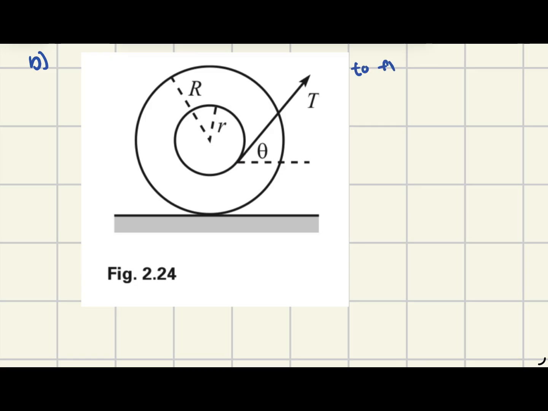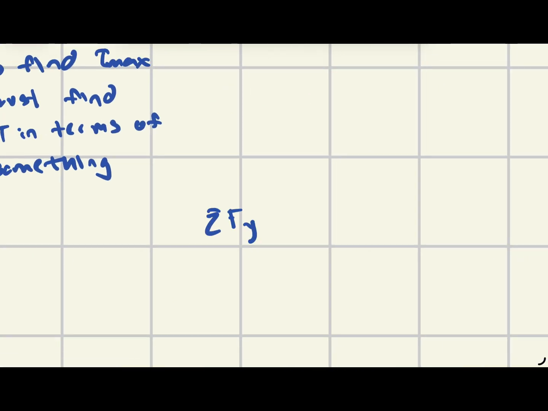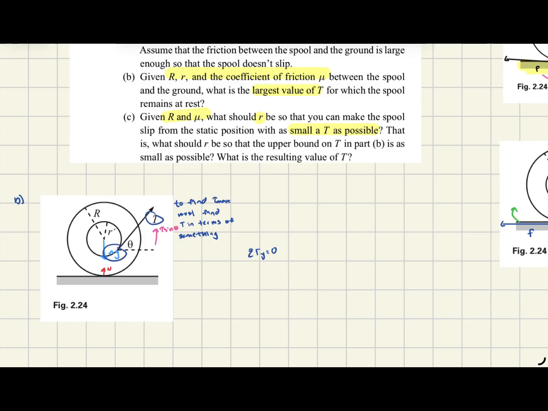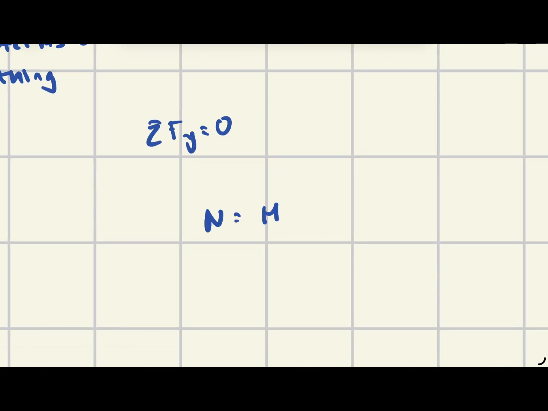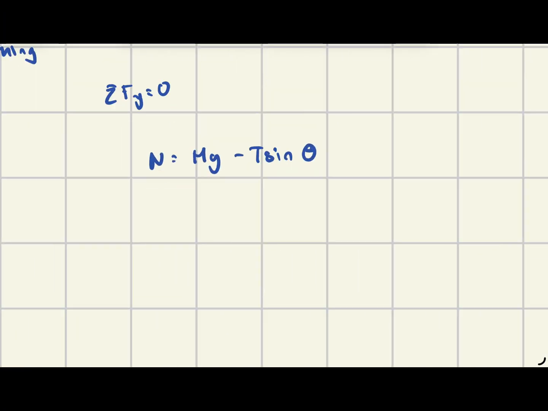Now, for part B, what we're trying to do is find the maximum tension, and for that, we need the relationship with tension and everything else. This is a good time to use what we were talking about later on. So now we're going to use that the net Fy has to be equal to 0. Here we have three forces instead. We have N, mg, and T sine theta, and we get this.